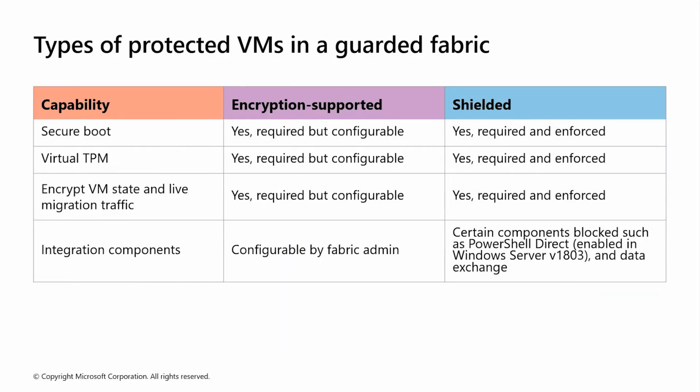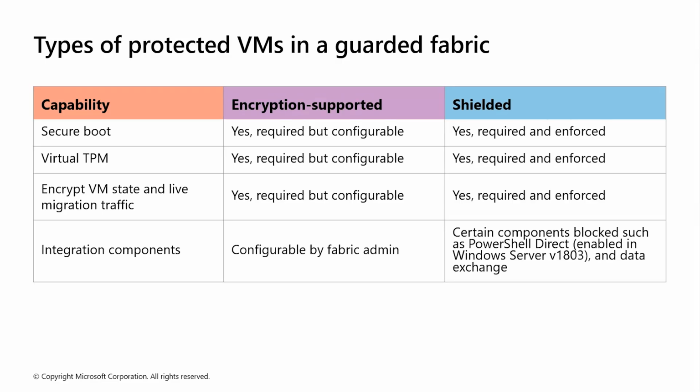There are two main types of protected VMs: encryption-supported VMs and shielded VMs. Both support secure boot, virtual TPM, and encrypted state live migration. Shielded VMs block certain integration components for extra security.